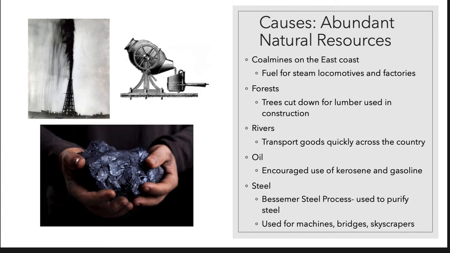Steel. Steel is going to be a new piece of natural resources, what we use to build up the nation quite literally, and it begins with the Bessemer steel process.